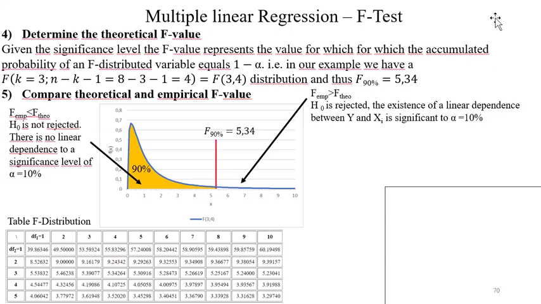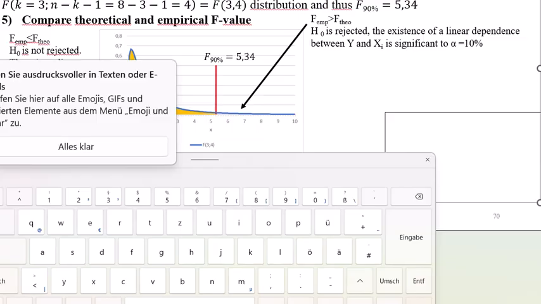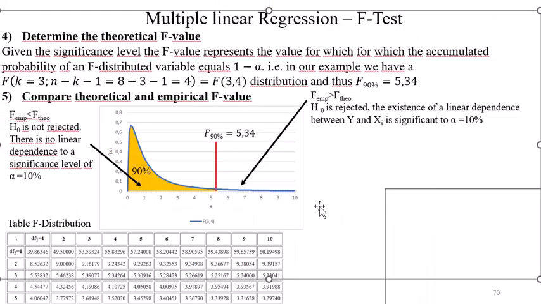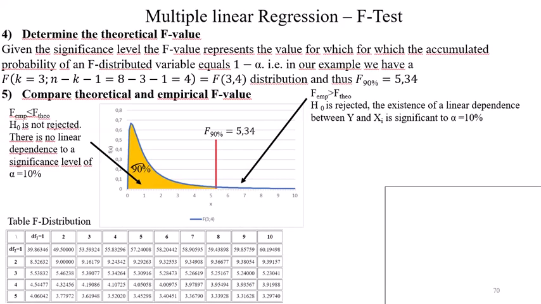How large has our F value to be so that this area is 90%?